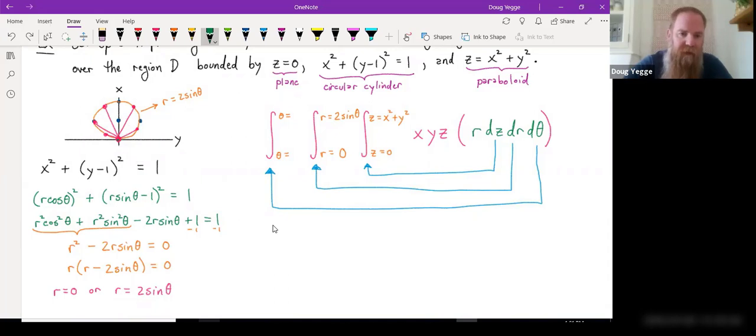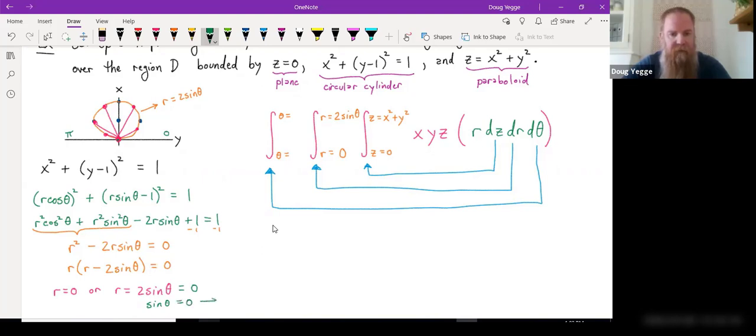So that must mean that if this is the angle of 0 and this is the angle of pi, then I know that my region is going to be from 0 to pi. Another way to do this is to think about this being 0. When do I get back to r equals 0 again? Well, I get back to r equals 0 when sine of theta equals 0.